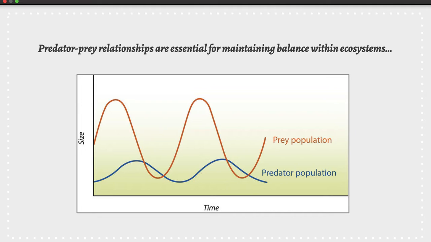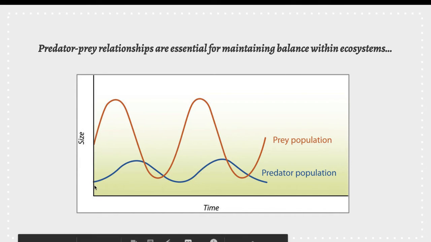This is a graph of a predator-prey model, showing how these species cycle. As the prey population goes up, the predator species goes up a little bit after it. With more food they keep going up, and then you see a huge crash because there are so many predators eating the prey.